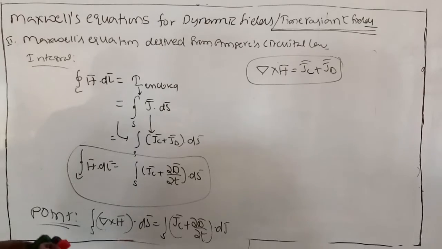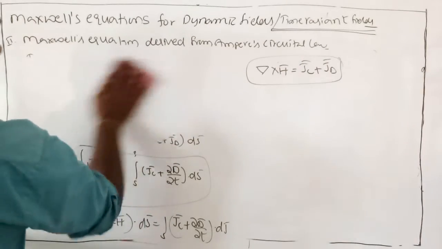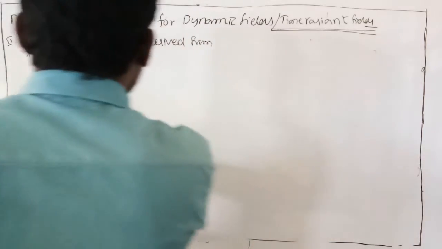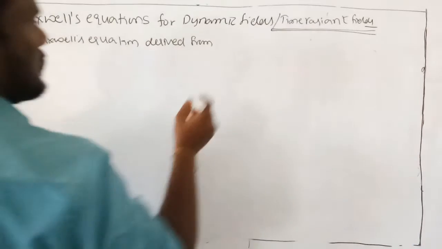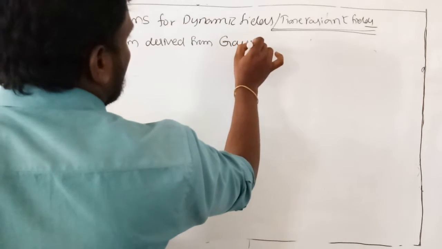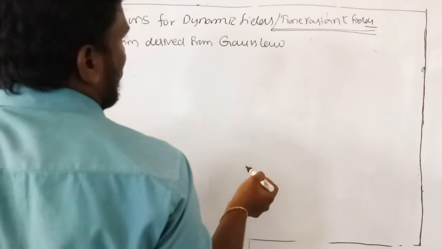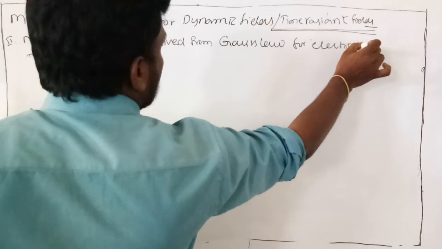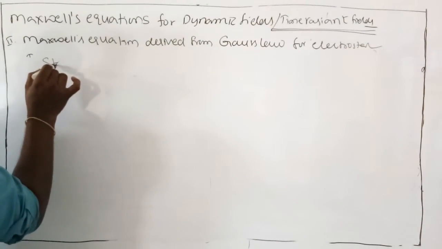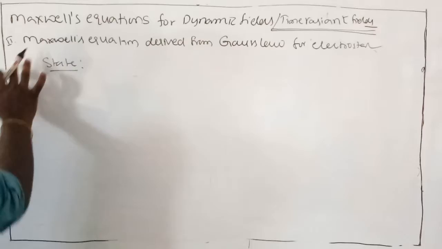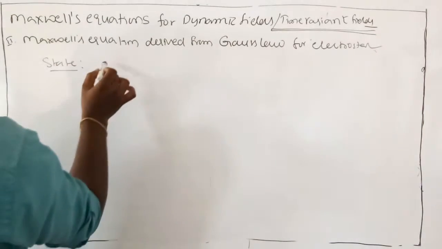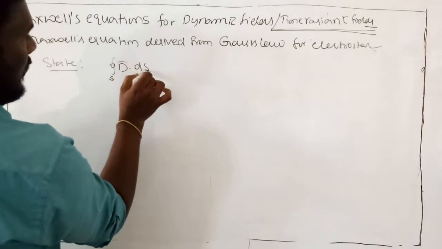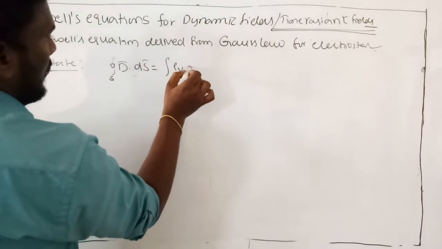Now we have two more expressions, Maxwell's equations derived from Gauss law for electrostatics and Gauss law for magnetostatics. Gauss law will be the same as for static fields. For electrostatics, what is the statement of Gauss law? The electric flux passing through any irregular surface area is equal to the charge enclosed by the surface area. That is the surface integration of D bar dot ds bar equals the volume integration of rho v dv.